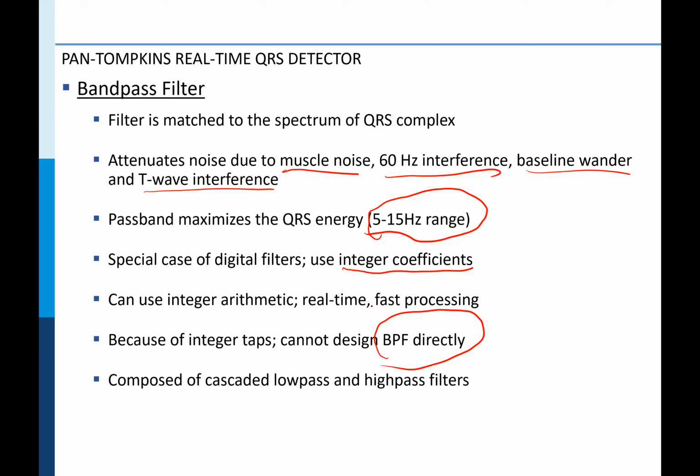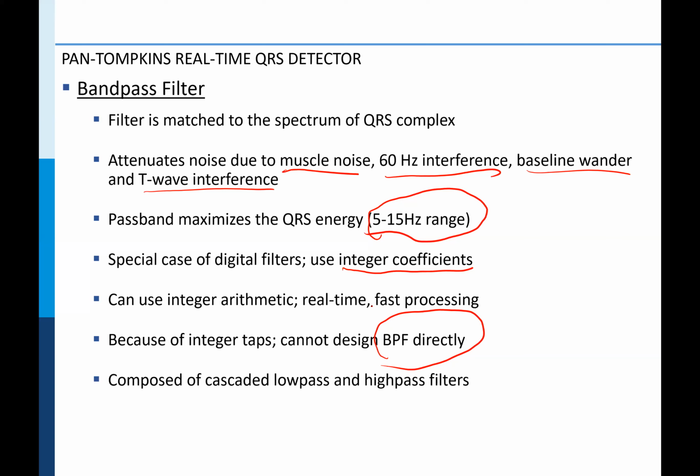So the low-pass filter will ensure that everything above the cutoff frequency is not passed, and the high-pass filter will ensure that the cutoff frequency and below are removed or reduced. Okay? So this cascading operation gives the functionality of a bandpass filter. So it's easier to have integer filter coefficients for low-pass and high-pass designs. So that's the way to go about designing the bandpass filter.